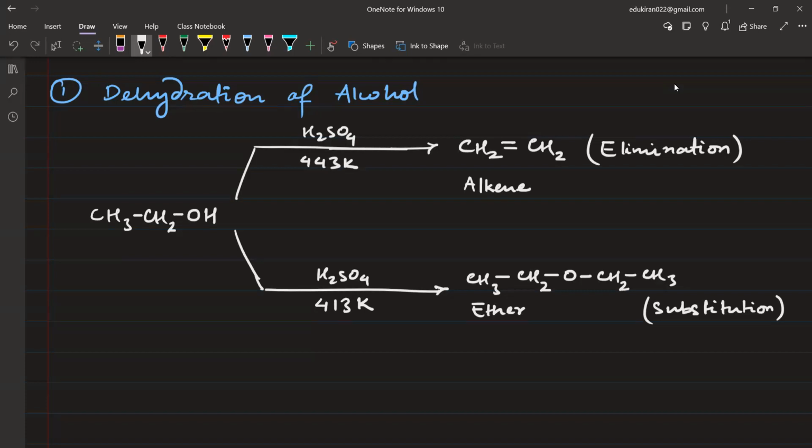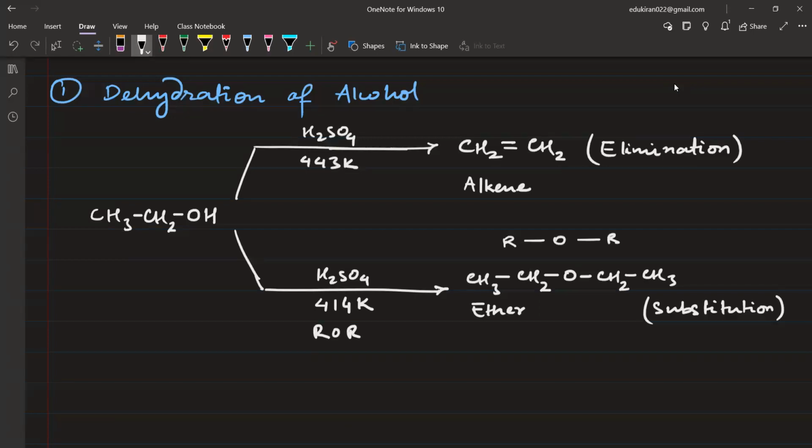All of you got this? Yes or no? Please see. How will I remember the temperature? Should I write 413? No, don't write 413. See this example: R, alkyl group, O, and then alkyl group R. So what I ask students is that you write 414.